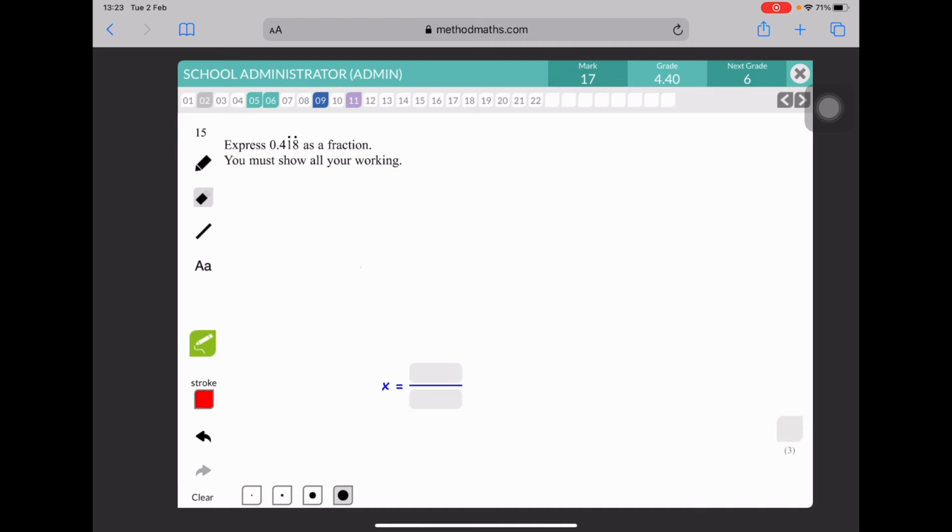Here we have a recurring decimals question. So I'll write x equals 0.418 recurring. 10x is 4.18 recurring.